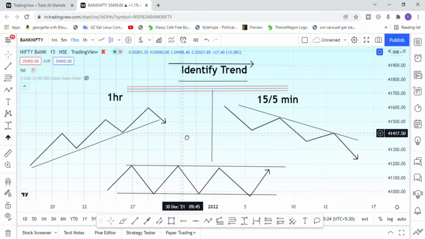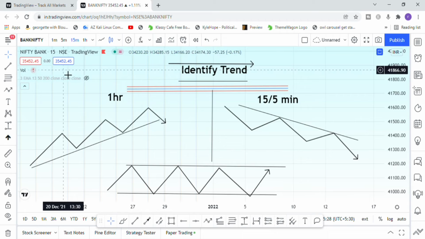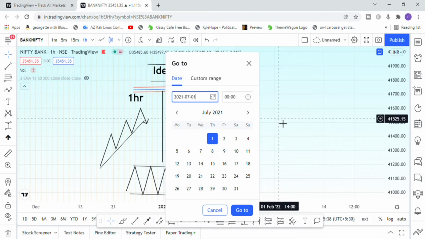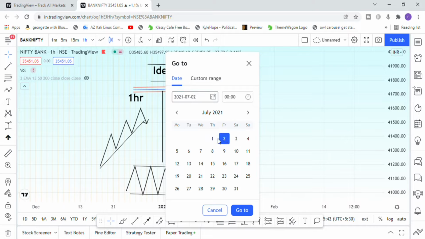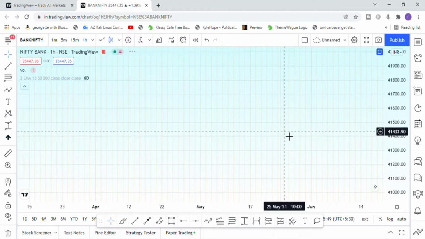So let's see in the chart how it looks. This is my Bank Nifty chart, and I switched the time frame to 1 hour for identifying the trend. I go to a random date, 1 May.